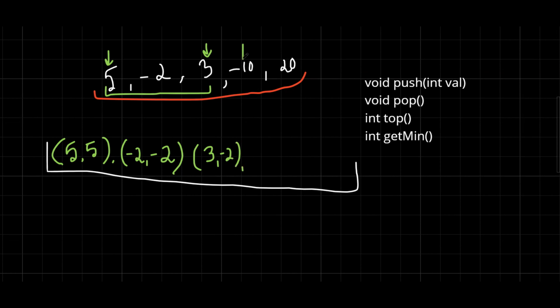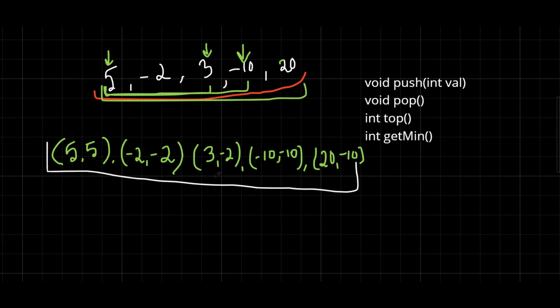Now for this element minus 10, the first element of this pair will be minus 10, and the second element will be the minimum element in this range, which is also minus 10. Now, for this element 20, the first entry of this pair will be 20, and the second entry of this pair will be the minimum element in this whole range. So the minimum element will be minus 10.